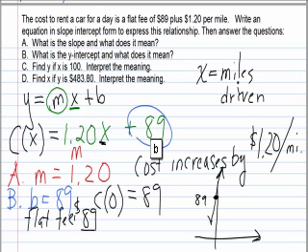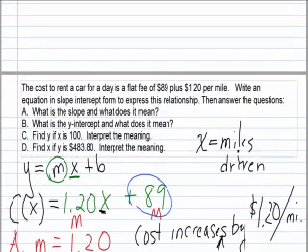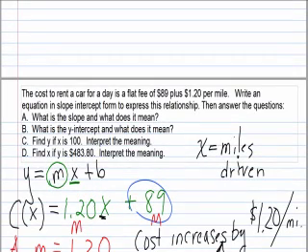Now they want us to actually use this formula we've written. We've come up with this linear function or linear equation, and we want to use it to actually solve a problem. So looking at what we want to find here, let's have a little more space. Find y if x is 100. So I could say find c of 100.